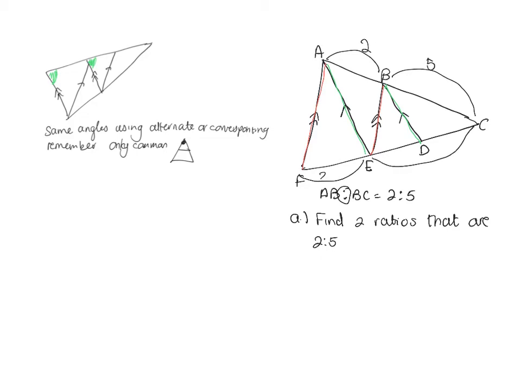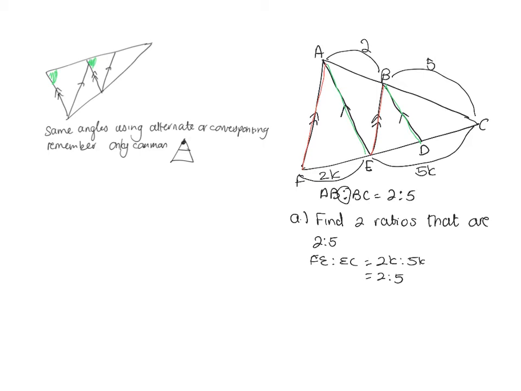And let's call that 2K and 5K. So we use the ratio 2 and 5, but we call it something else. So we're going to say FE to EC is equal to 2K to 5K, which is 2 to 5.